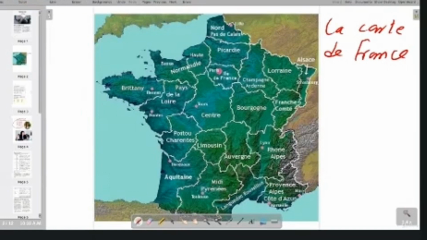You see Bretagne, you see Normandy, Picardy, you see the Paris area, Provence down here, and Bordeaux, Bourgogne, all these different areas. And in these different areas, there are some different dialects of French that people speak. The dialects can manifest in the way the language is pronounced.